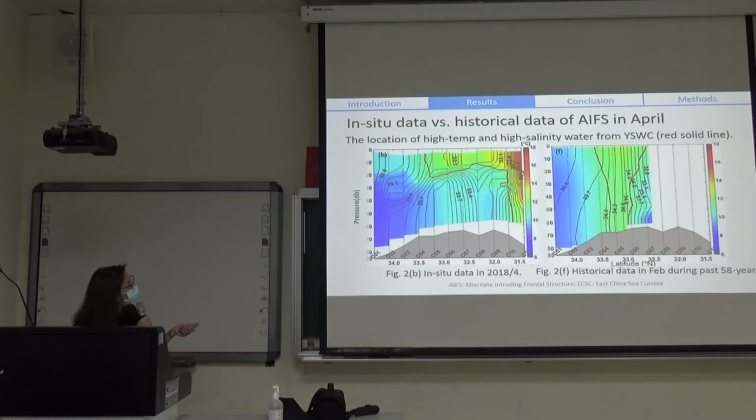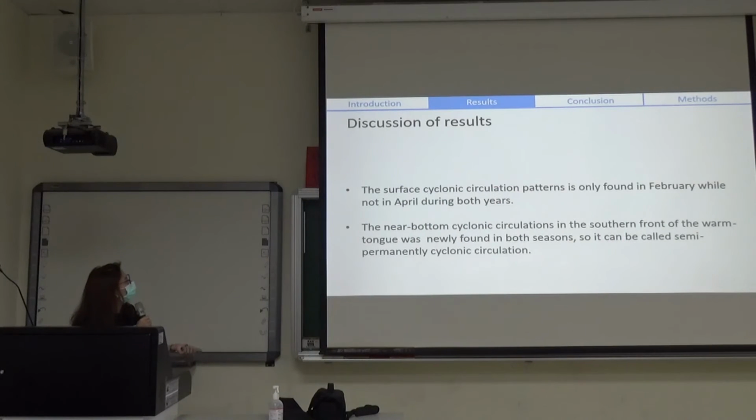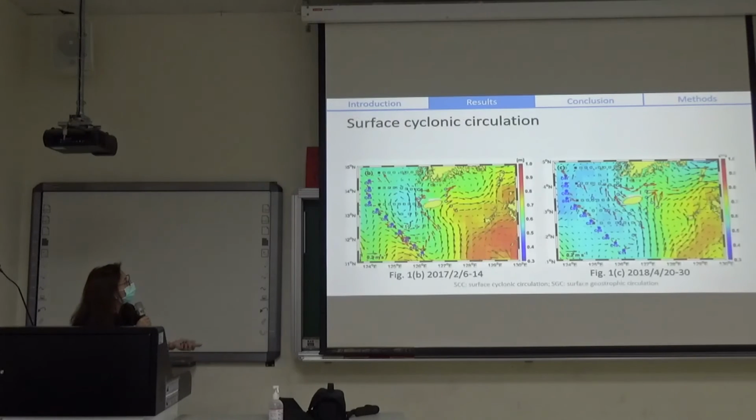The high salinity and high temperature water from the Yellow Sea currents are located here, and there is their combination. You cannot see the intruding frontal structure of the whole water column, but you can see it at the lower layer. So the first discussion is checked, and let's move on to the surface cyclonic circulation.